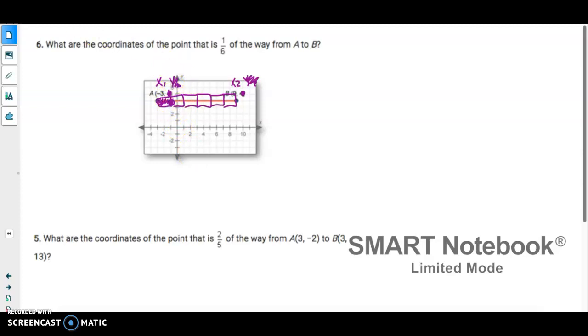When you were going through your information, it shows you how to do this mathematically with a formula. To find that value, x or y, it's going to be x1 plus whatever your fraction is. So we call it k, so this is k, times x2 minus x1, which is kind of what we did here.